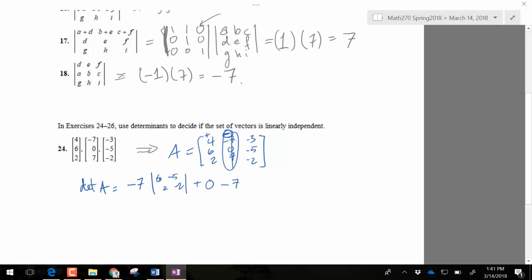Oops, that's a -7, right? Missed that one. -7. There's a +0 times something that I'm not going to care about, and then this one's going to be a minus also. So this is a plus, and this is a minus. So that's a -7, and then cross out the row and column. You get a 4, -3, 6, -5. All right.